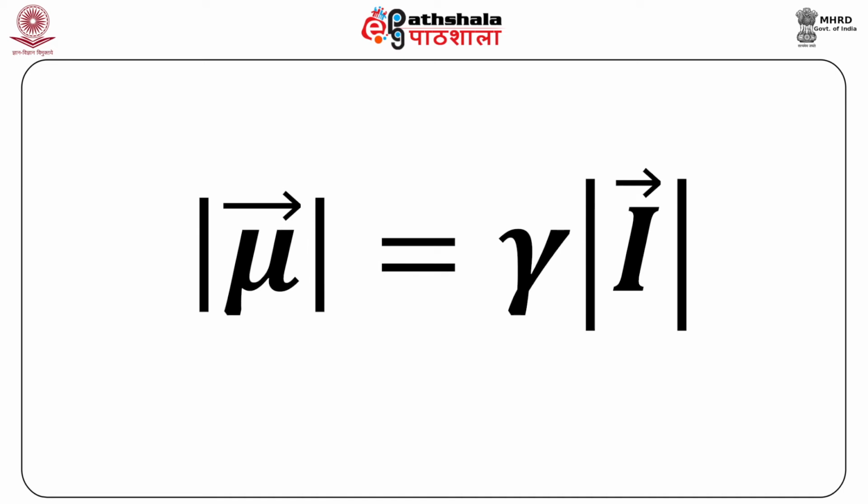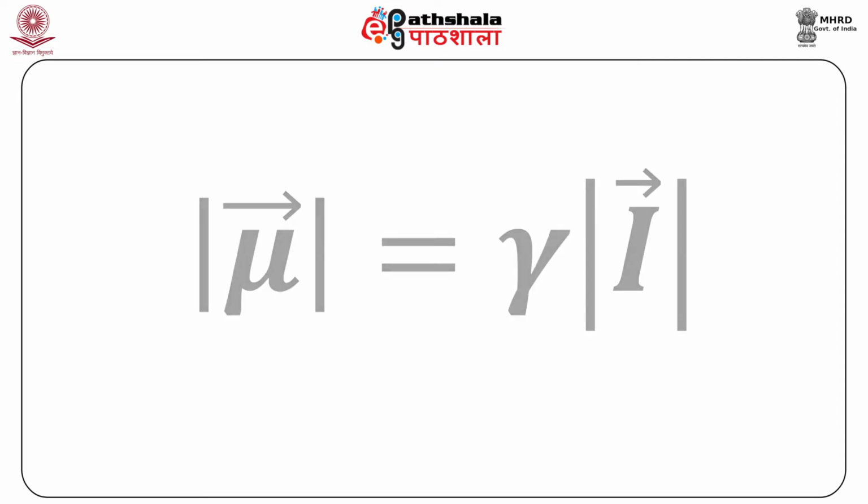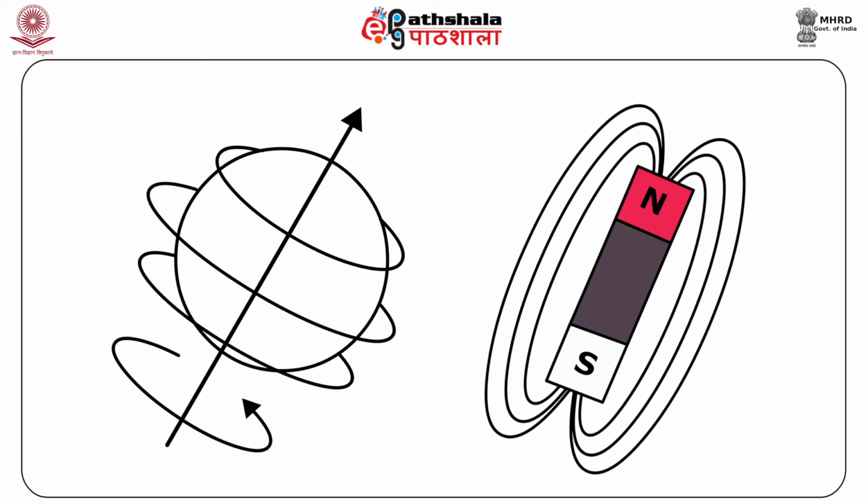The vector quantity mu, the magnetic moment, is equal to gamma times the magnitude of I, the spin quantum number, and gamma is a fundamental constant called the magnetogyric ratio and has characteristic values for each nucleus. So, this is how we have shown it behaves like a bar magnet.